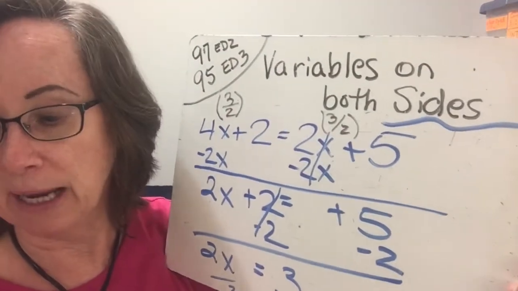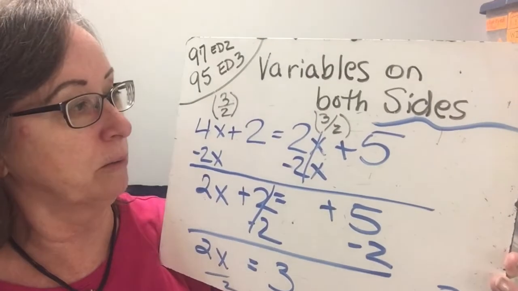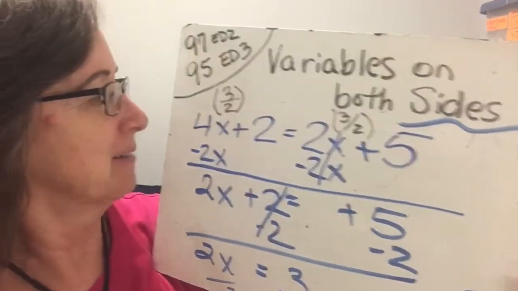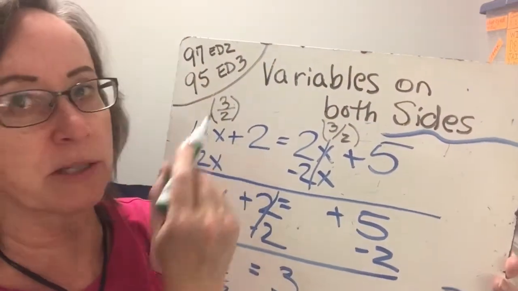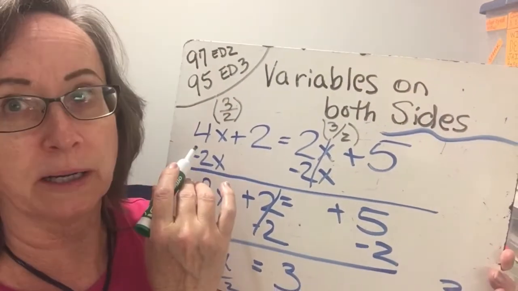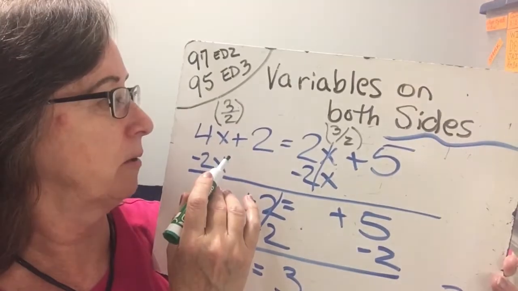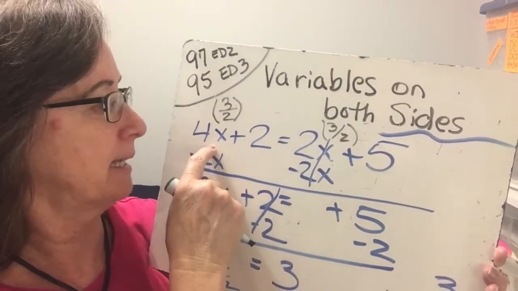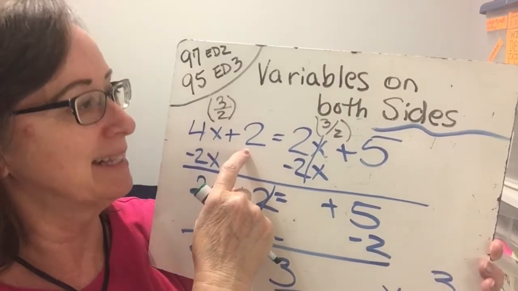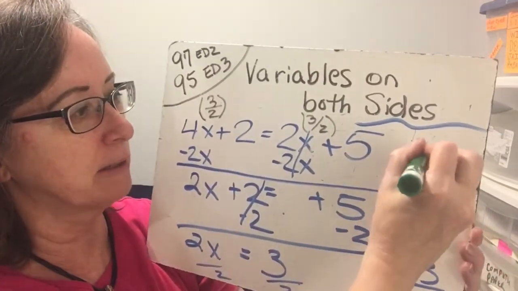Okay, so now we're going to multiply. Okay, now 4 is on the top, right? 4 times 3/2. The 4 is on the top, so it will cancel with the 2, and it will leave me with a 6. So on the left, I have 6 plus 2 is 8. So 8 on the left.